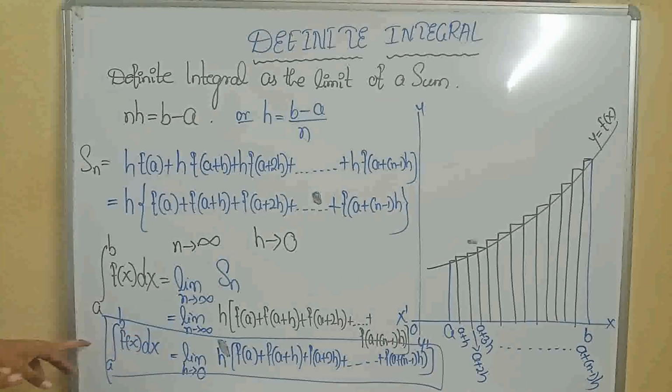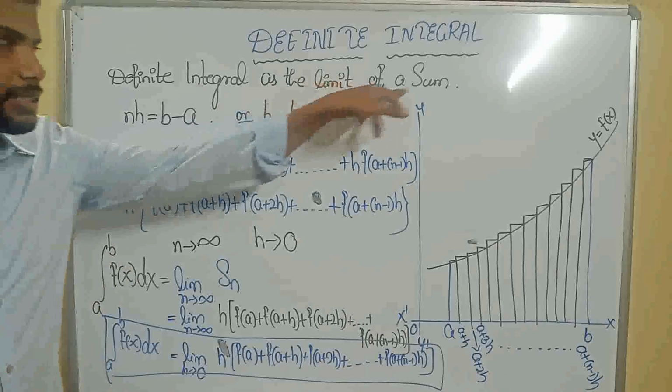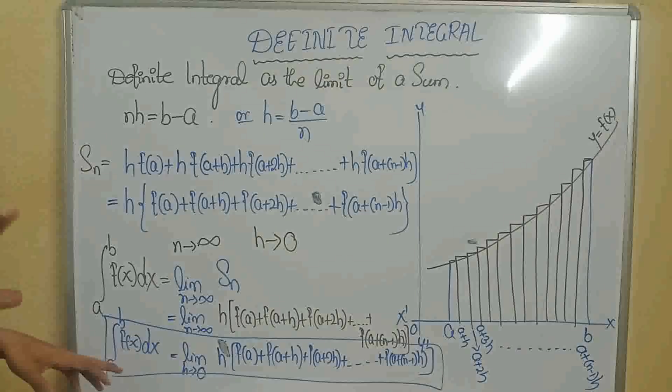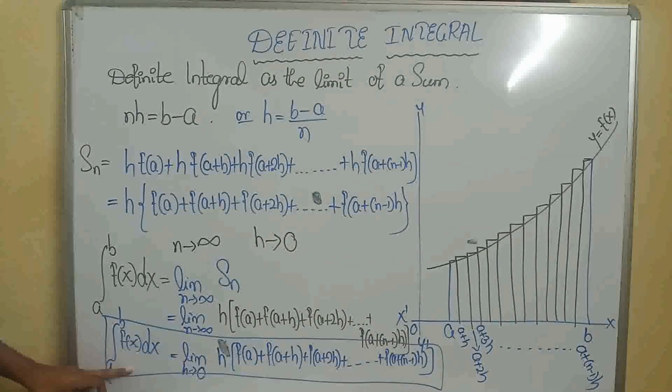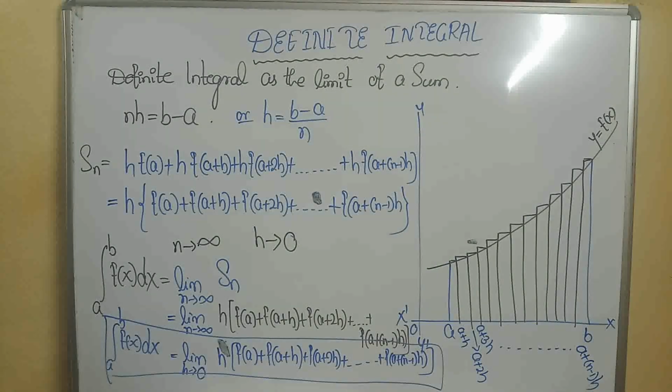Got the point? You need to memorize this definition. When a limit of a sum is given, you need to find the integral, not directly but by using this definition. Limit of a sum means you need to use this definition to find the integral of a definite function.